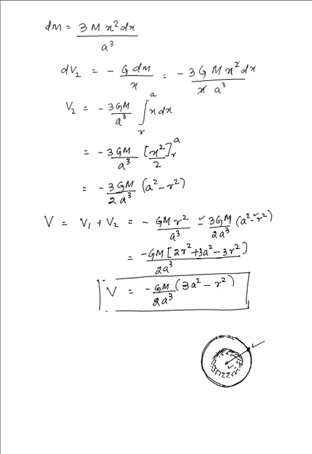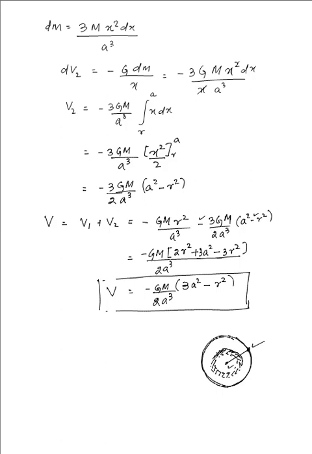Because we cannot integrate the entire mass and keep the distance the same, because the distance varies. If we are integrating it right from the center till the end, the distance is obviously varying. Their x will be varying from 0 to a. But as you know, the point is situated at a distance r from the center, which is internal now.